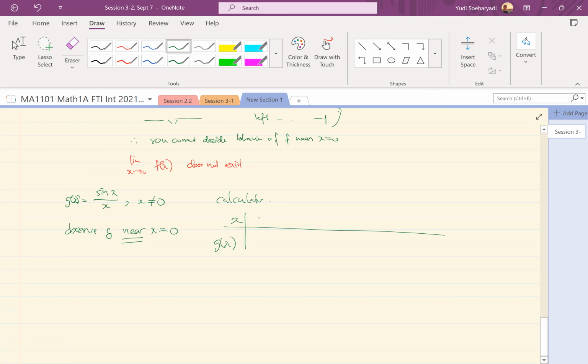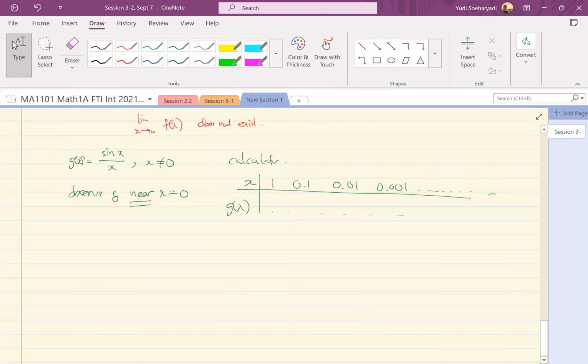So you can say this from 1, .1, .01, .001 gets closer. Okay, and the thing here is that if you try to plot the function, you see something that looks like this one.